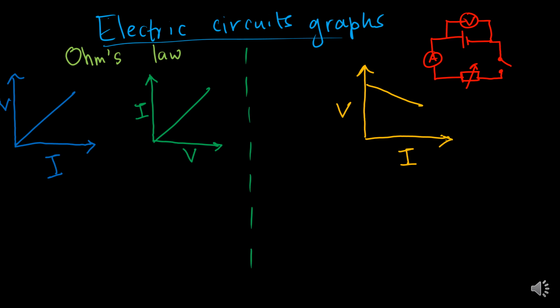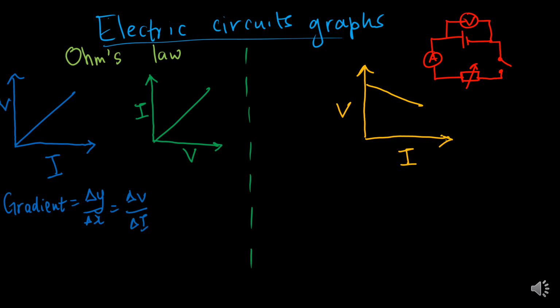I just want to highlight the important things to note from analyzing the graph, right? One of the important things to note is the gradient. What is the gradient equal to in each of the graphs? Let's start with the one on the left. Gradient is change in y over change in x. In this instance, it's going to be change in V over change in I, right?